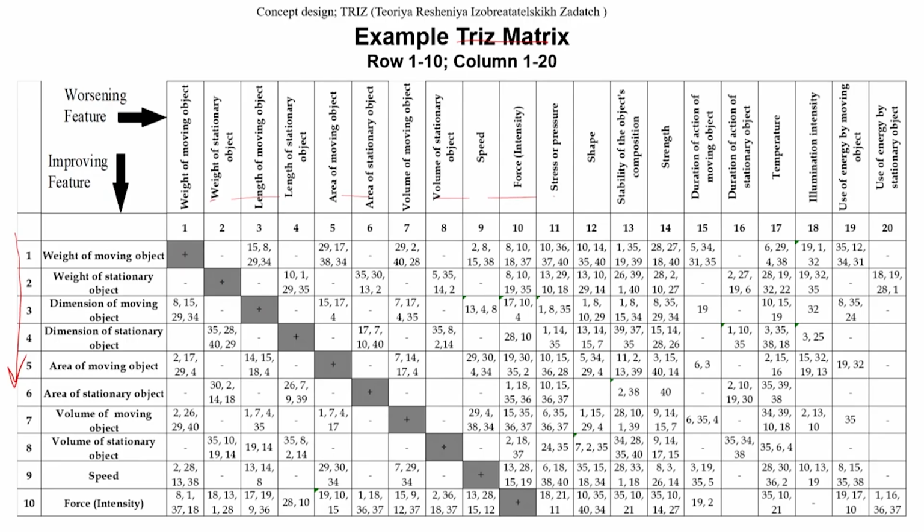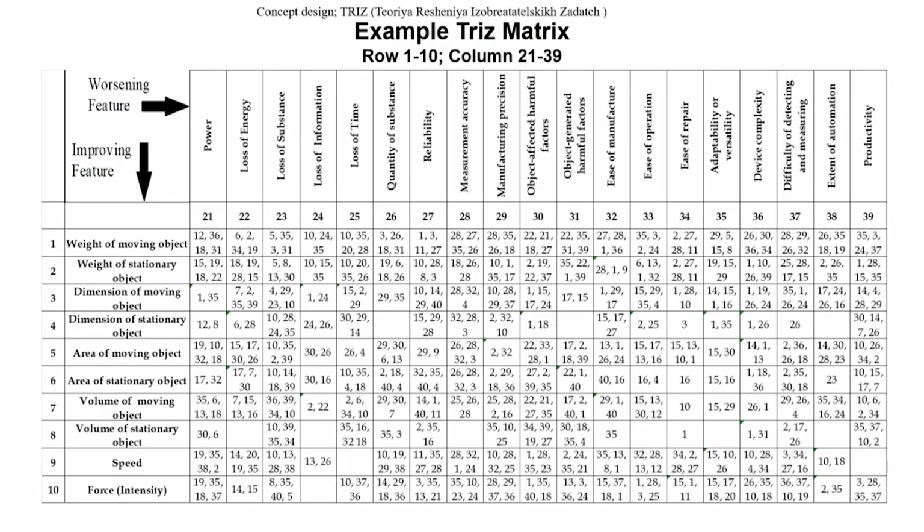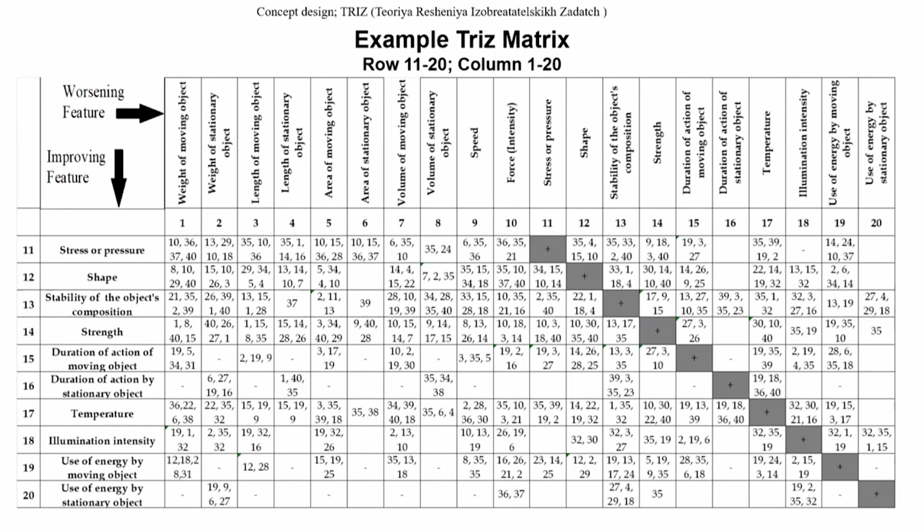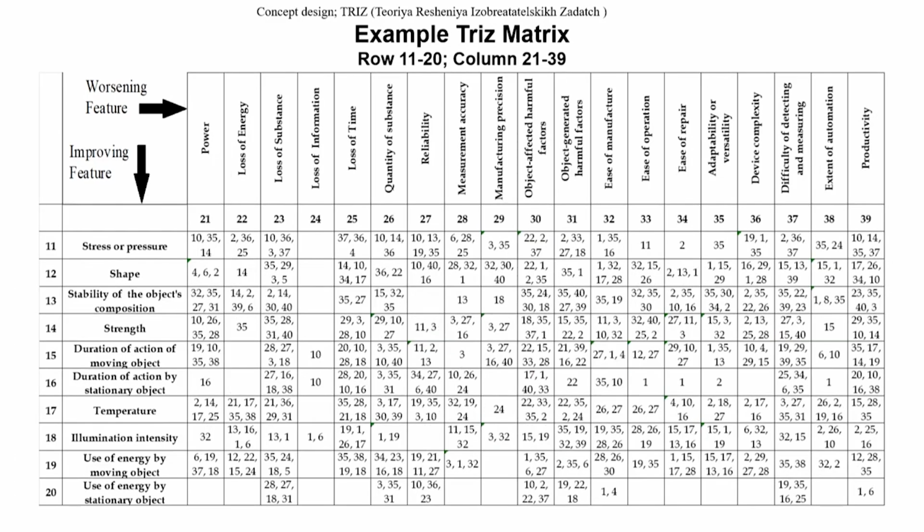So, that is why I am showing you here the first 10 features and the 20 worsening features corresponding to them. That is in the first slide, and then in the second slide, the next 10 versus the 21 to 39 features, and then I go to feature number 11 to 20, and again on the right hand side up to 20, and then in the next slide I am giving you from 21 to 39.